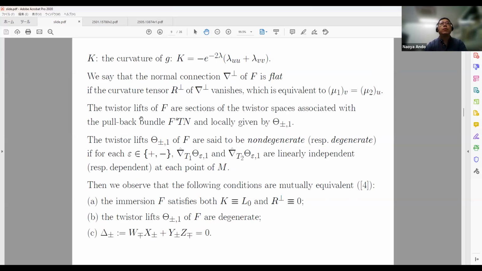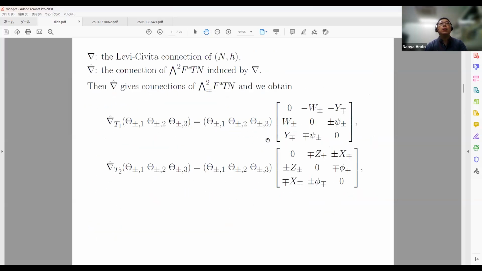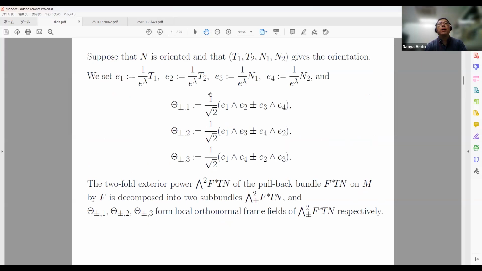The twistor lifts of F are sections of the twistor spaces associated with the pullback bundle and locally given by theta plus minus 1. Theta plus minus 1 are given like this.